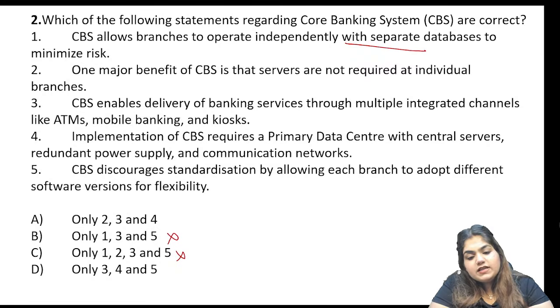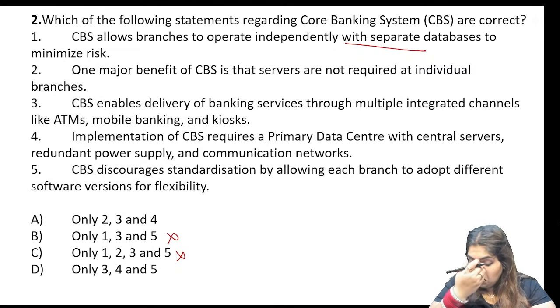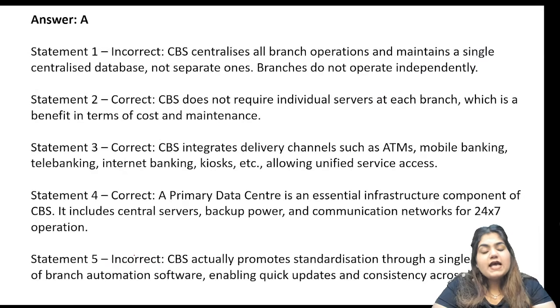Statement number 3 is correct. Statement number 4 is correct. Statement number 5 is not correct. CBS actually promotes standardization through a single version of branch automation software, which enables quick updates across the branches with speed. Statement number 5 is incorrect. That will give us A as the correct answer.